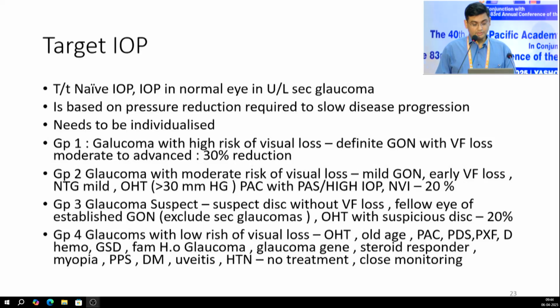And in group 4, where there is low risk or they are associated with a family history, or PAC or PDS, pseudoexfoliation, hemorrhage, then in such cases you may not start the treatment at once, and you have close monitoring and see the progression.